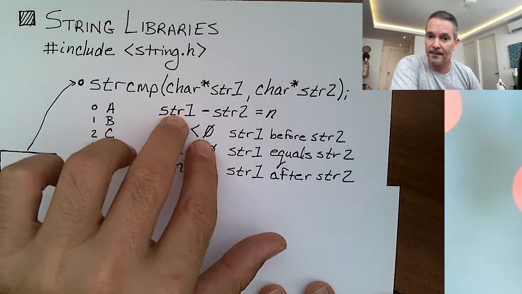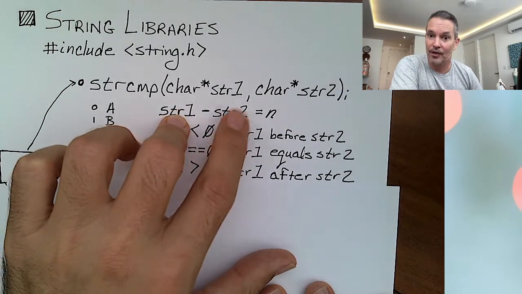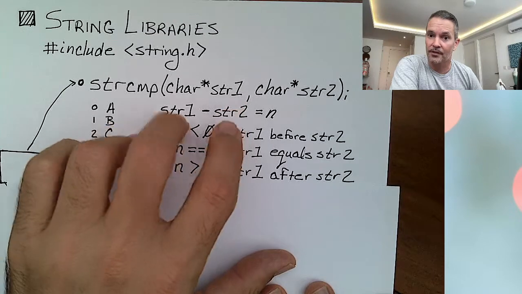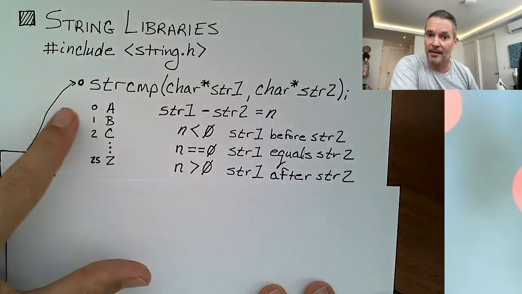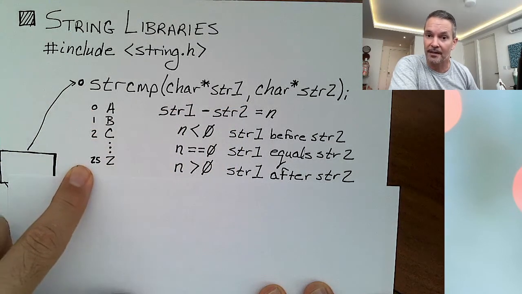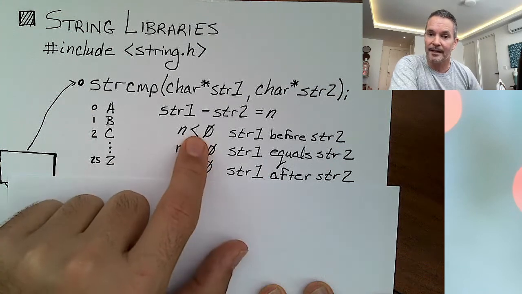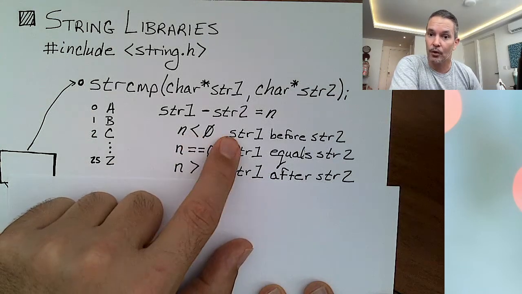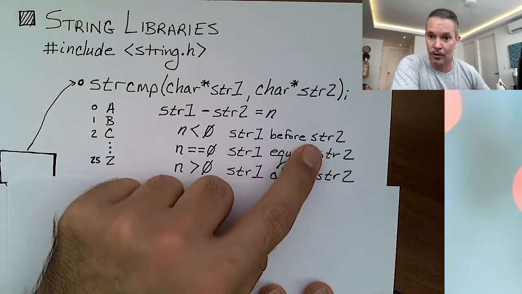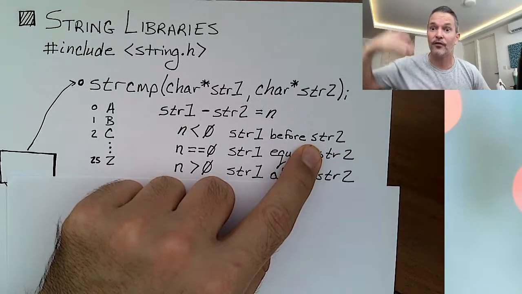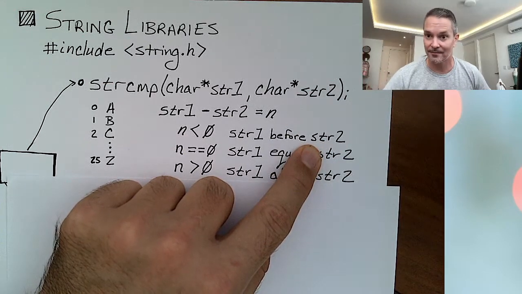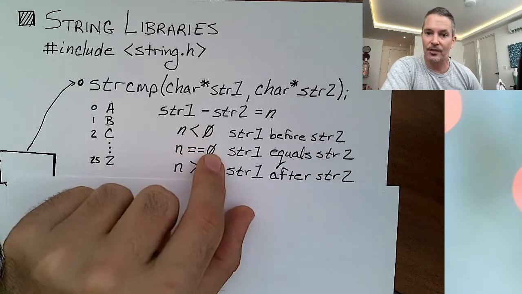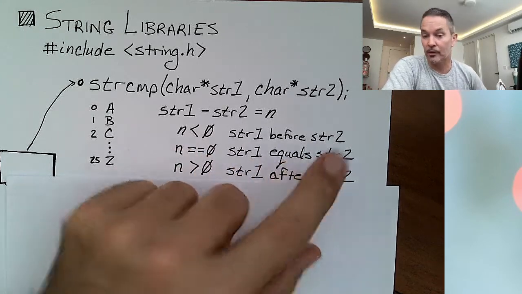That would mean that string 2 was a greater value than string 1, meaning it must have occurred later in the alphabet. So when we get back a negative number, we know string 1 is before string 2 in an alphabetically ordered list. If we get 0, we know string 1 equals string 2.